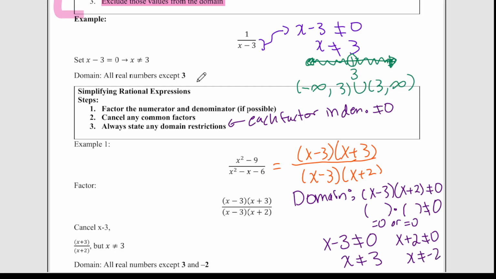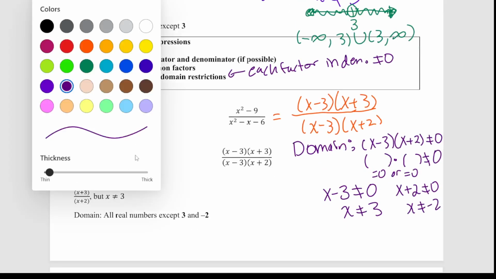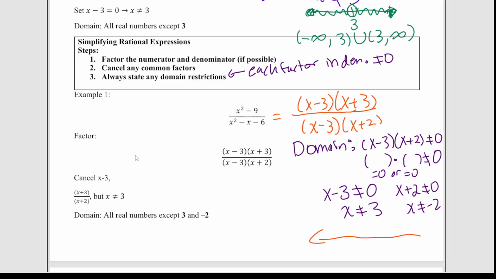If you were to express that domain on a number line, you would plot it out. It cannot be negative 2, so you would have an open circle on negative 2. It cannot be 3, so you have an open circle on 3. It could be any number smaller than negative 2, any number between negative 2 and 3, and any number bigger than 3.